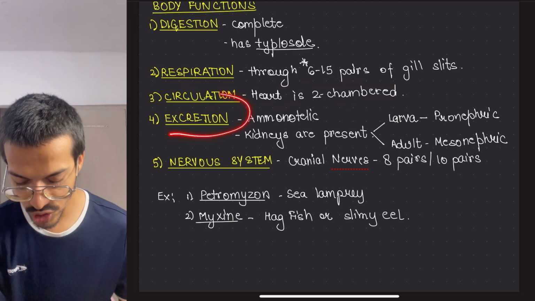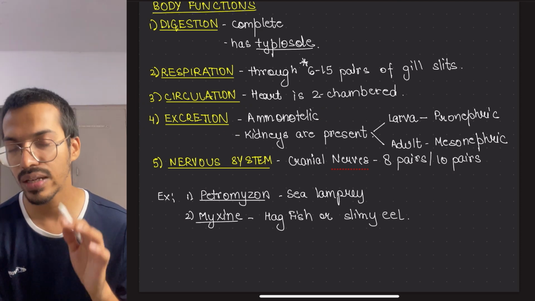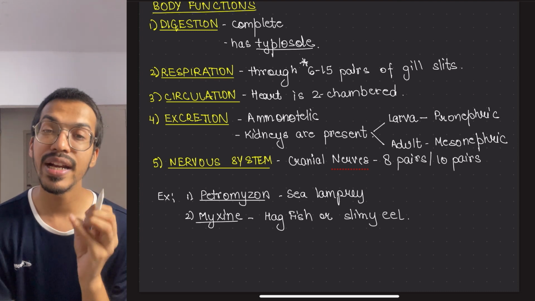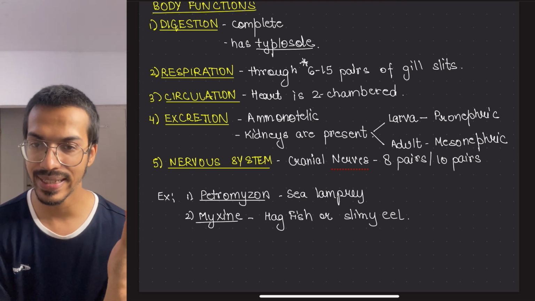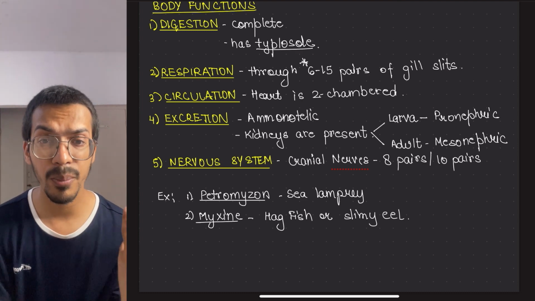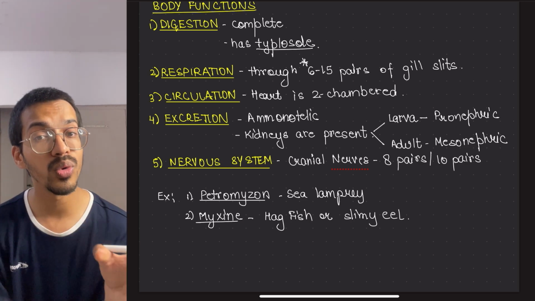Excretion is what? Ammonotelic, ammonia is released. Like always, remember that in marine organisms most of the time it will be ammonotelic. Always remember it, because for ammonia to be released, a large amount of water is needed. Aquatic animals also have ammonia present.